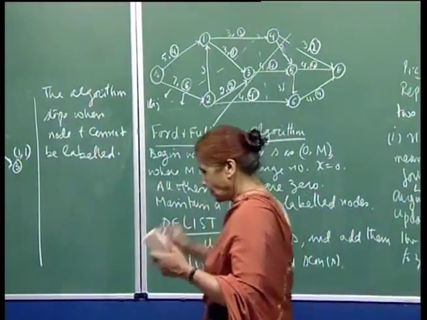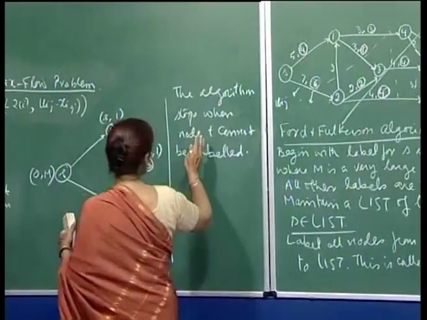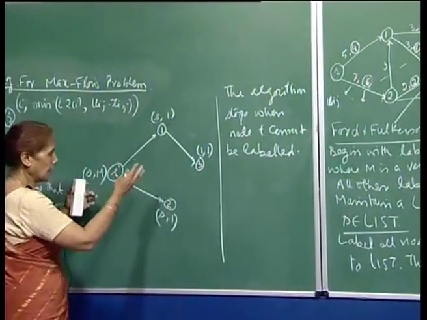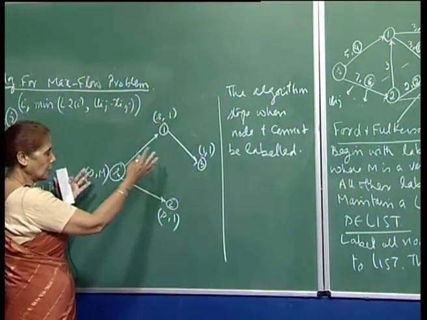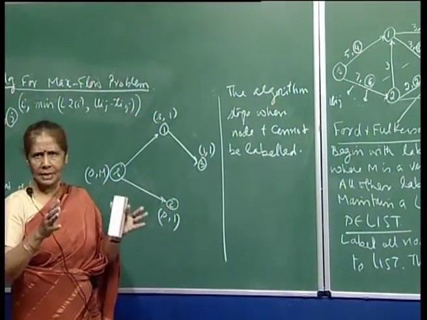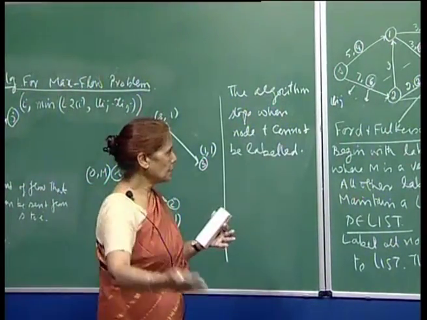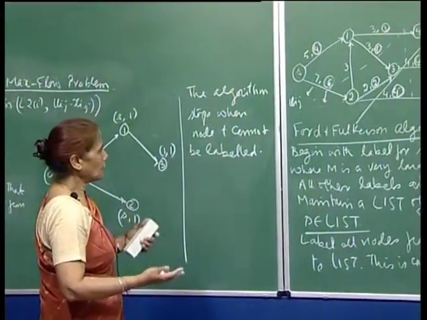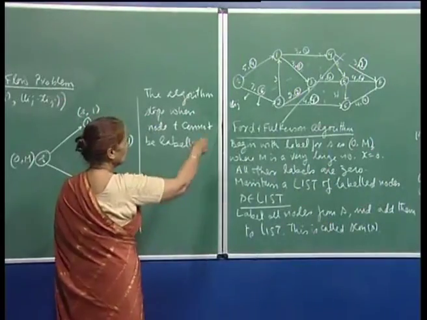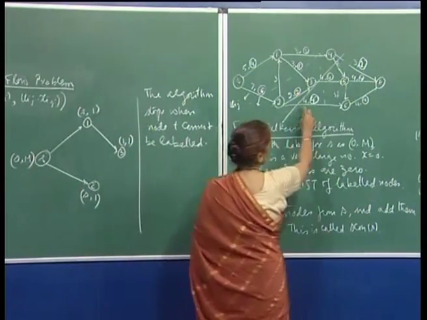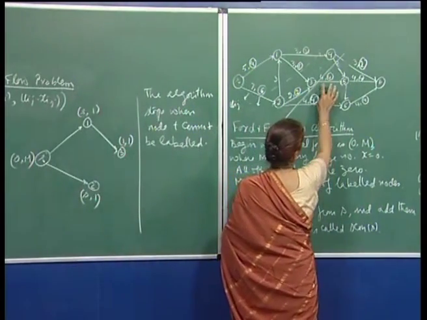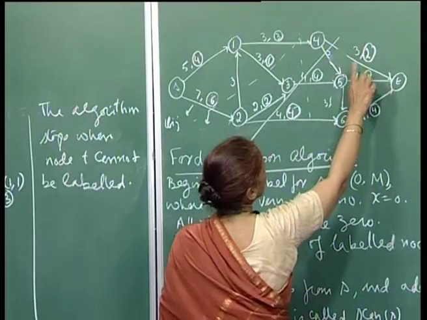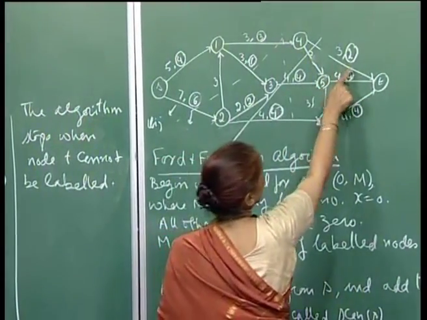So when the Ford-Fulkerson algorithm stops and T is not labeled, all nodes which have been labeled I'll call part of S, and the other nodes will be part of S bar. T obviously will be in S bar, and the source is always in S. Now if you look at this cut, the capacity of the cut is 4, 4 and okay, this is 3.